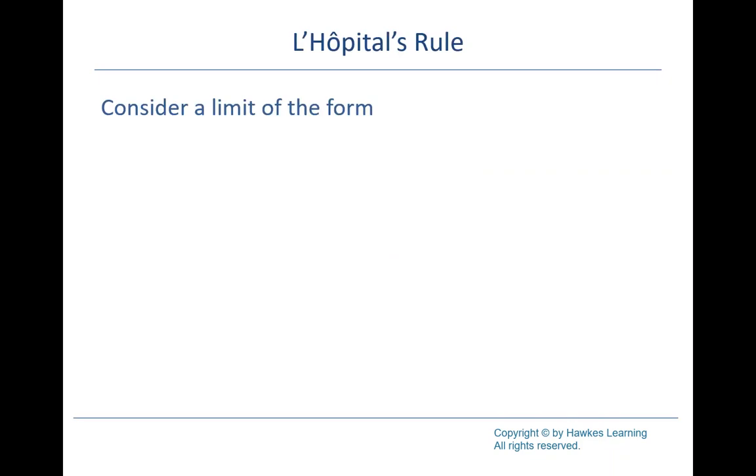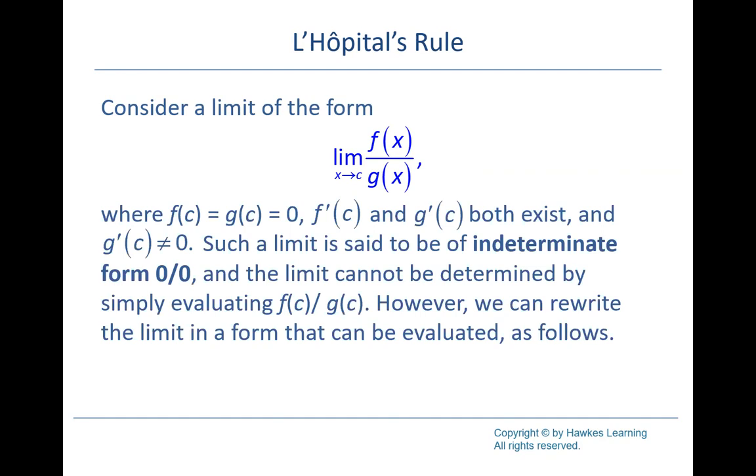So to start, we're going to be looking, at least initially, at limits of the following form, where we have a limit as x approaches c of some function f over some function g, where f of c and g of c both equal 0.